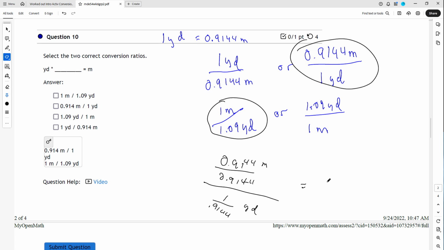Okay, and this will give me 1 meter. Anything divided by itself is 1. 0.91 gives me 1 meter. Divided by, reciprocal of this is going to be 1.09 yards. And that will be the other one. That's how they got that one. And there's how that is there. And that was number 10.